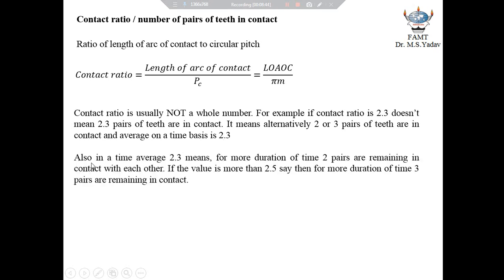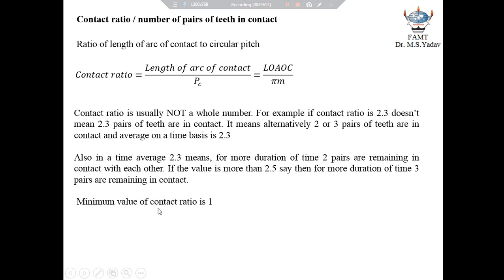Also, in a time average, 2.3 means for more duration of time, 2 pairs are remaining in contact with each other. If contact ratio is more than 2.5, say, for more duration, 3 pairs are remaining in contact with each other.